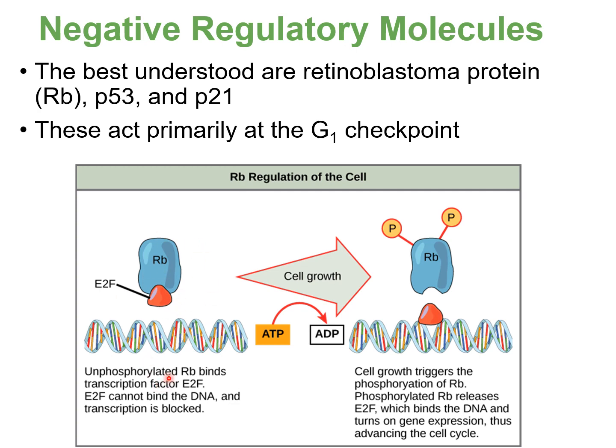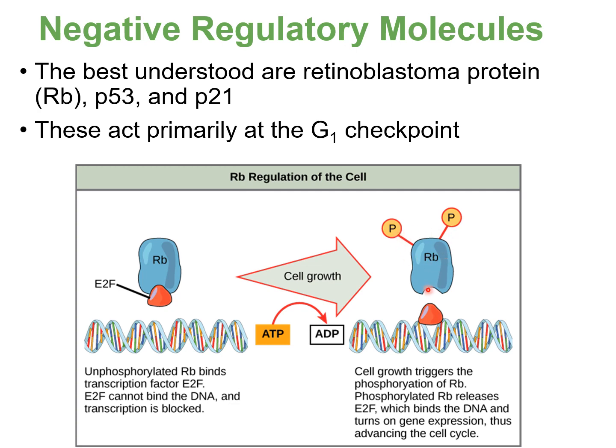So basically what to know about this is that if this happens, we cannot grow the cell, really. We can't synthesize DNA. So what will happen is cell growth is going to trigger the phosphorylation of RB. Phosphorylation just means we're going to add phosphate groups here, right?